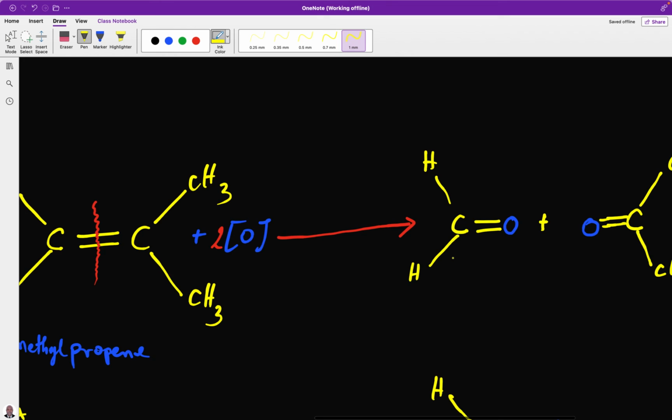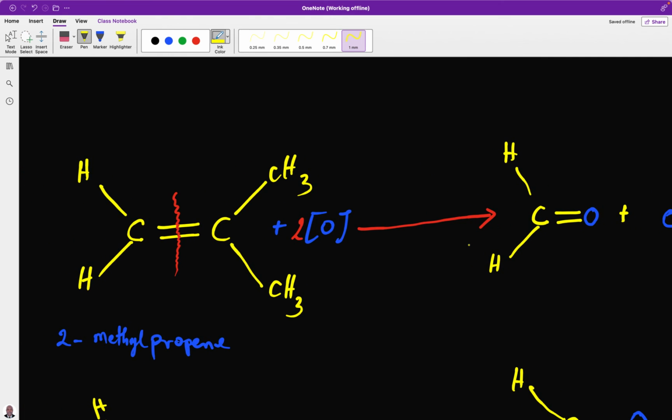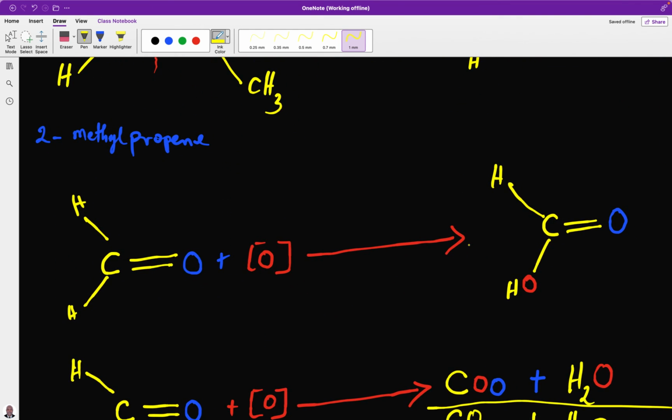This is the product that is being formed. After splitting, that side of the molecule resulted in this, and the propanone. Now, we are interested in this side. How does this side result in carbon dioxide and water? Because of the presence of the hydrogen atoms there, they will undergo further oxidation. You see the oxidation that is going on.